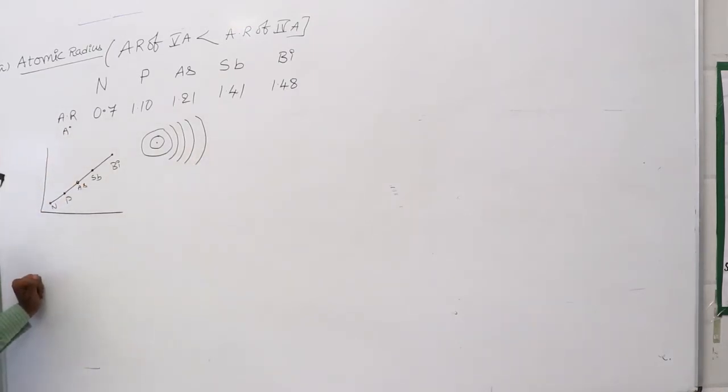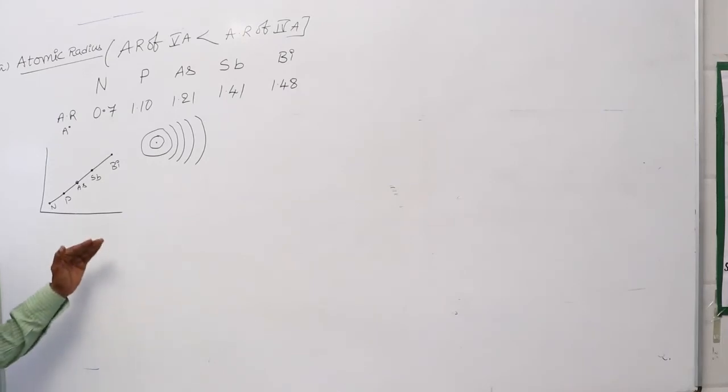So here the differentiating electron enters into a new shell as we come from top to bottom in a group. As the differentiating electron enters into a new shell, the atomic radius increases from top to bottom.